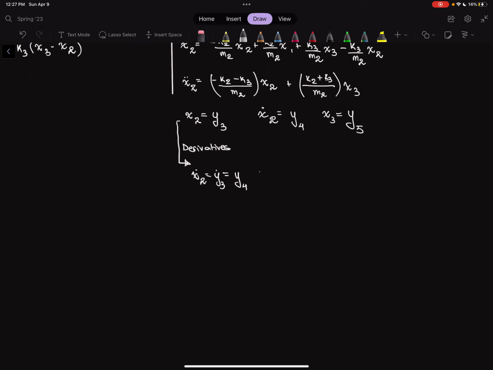And then we're going to say that x double dot of 2 is equal to y4 dot, which is equal to negative k2 plus k3 over m2, all multiplied by x2, which we said is y3, plus k2 plus k3 over m2, all of that multiplied by x3, which is y5.